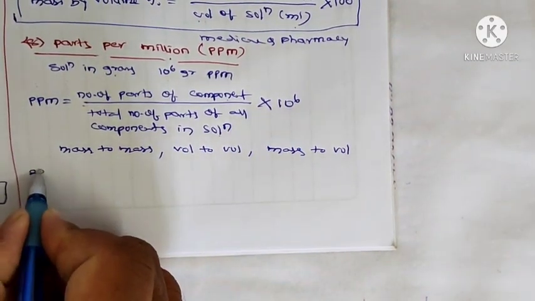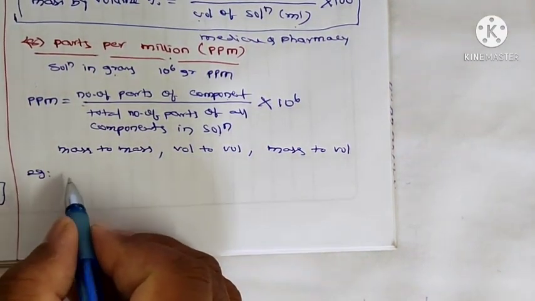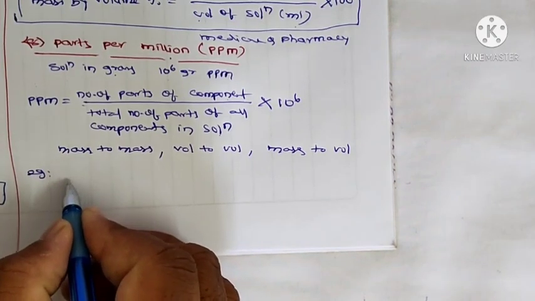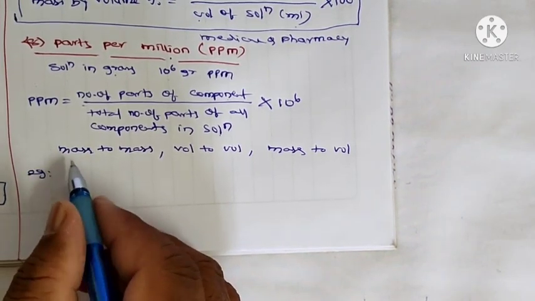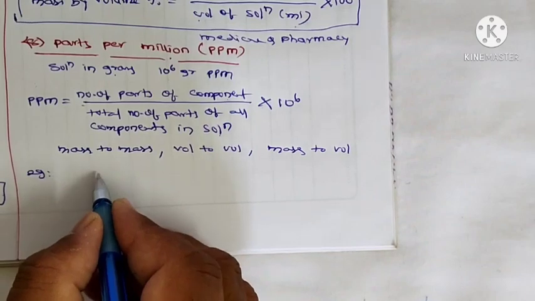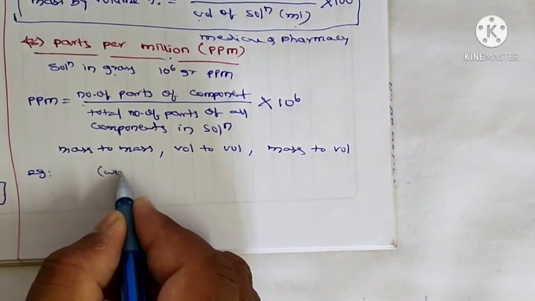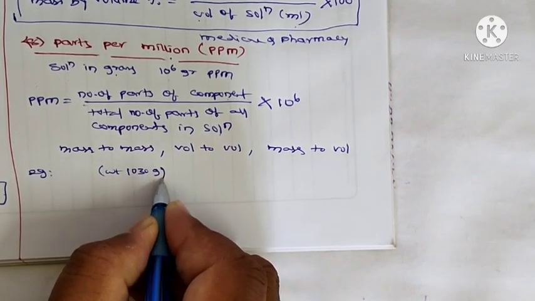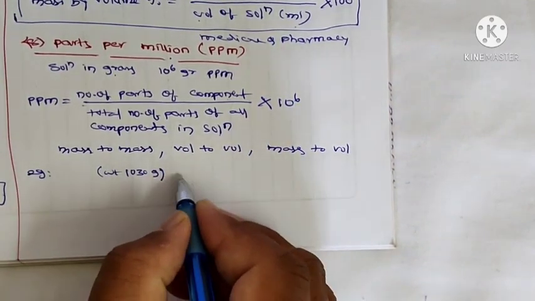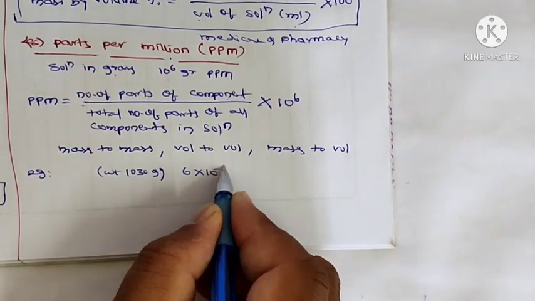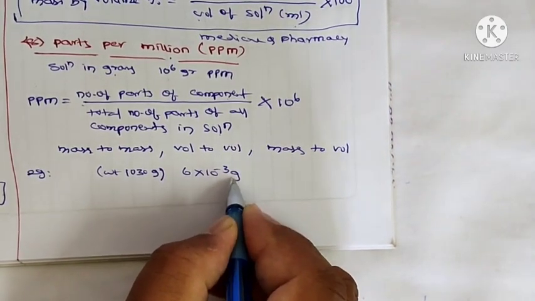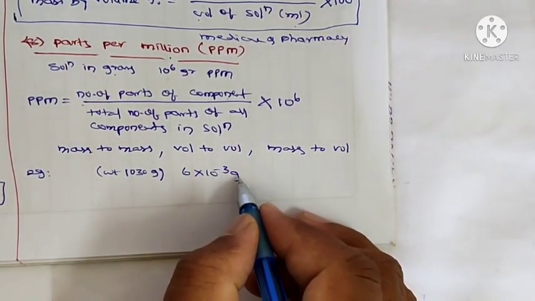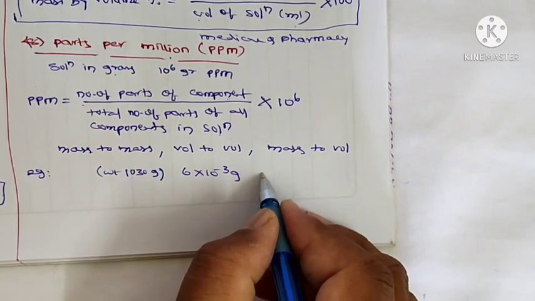For example, a liter of seawater weighs 1030 grams and contains 6 into 10 to the power of minus 3 grams of dissolved oxygen.